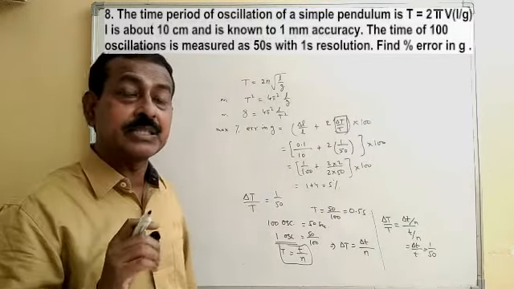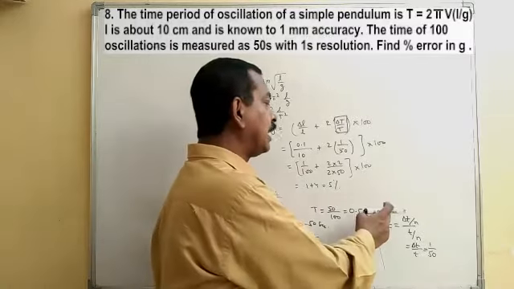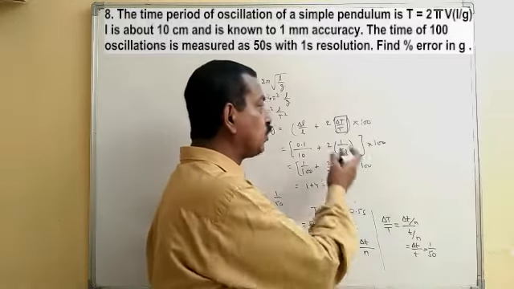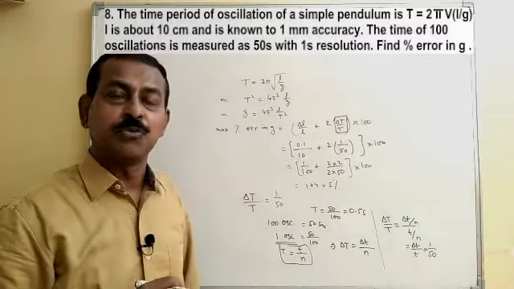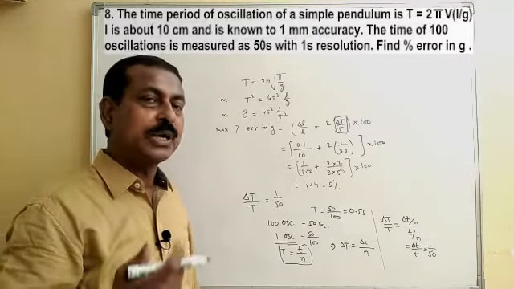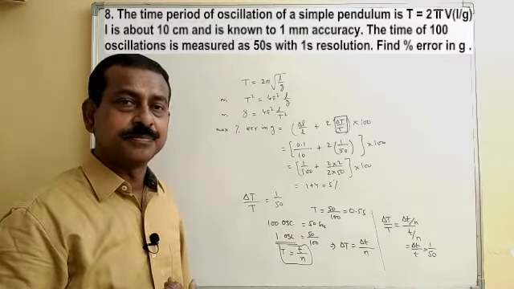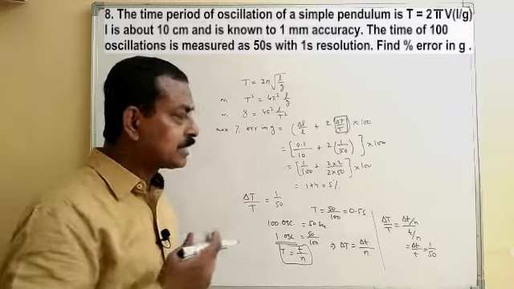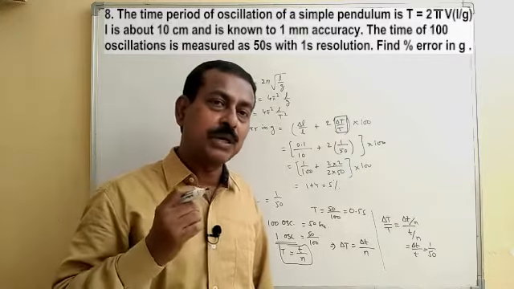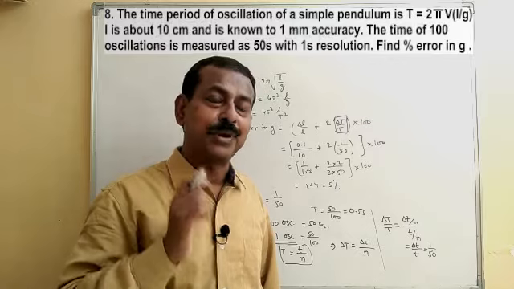Incidentally, in this case, what you are getting, delta T by T, is the same value as what you have substituted there for the error. That is why you get the correct answer there. So for this case, the percentage error in the measurement of g is 5%.